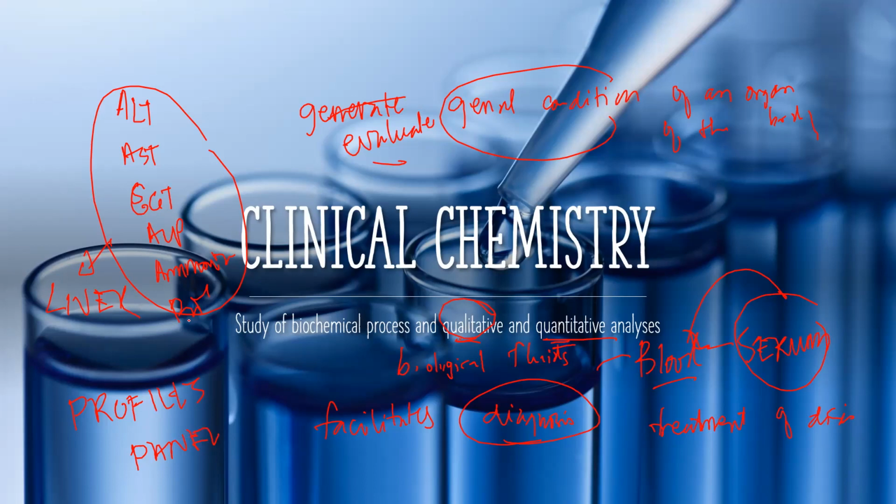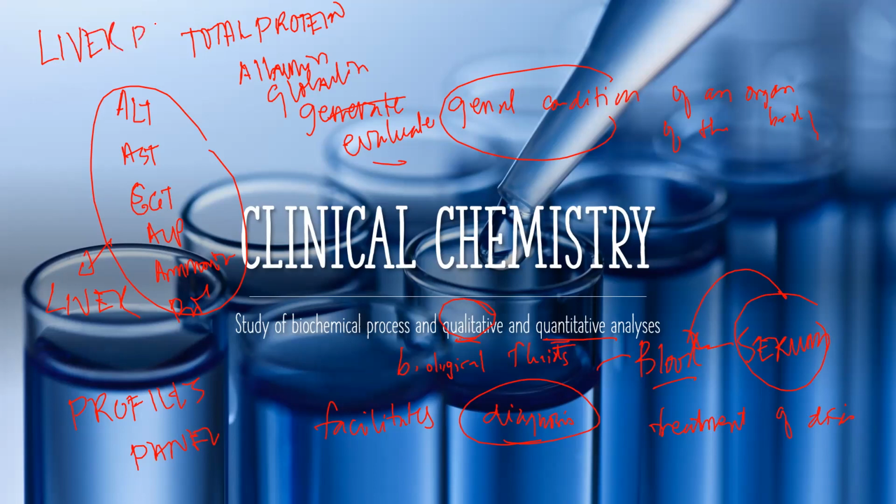Let's add here total protein, albumin, and globulin, or TPAG. These are what we call the liver panel that evaluates the condition of an organ of the body.